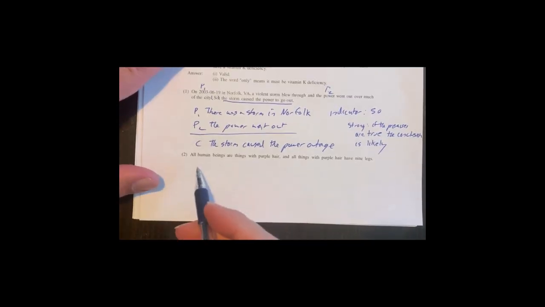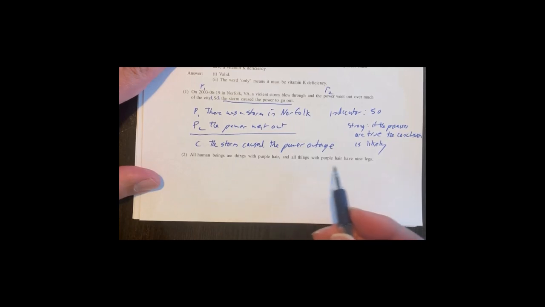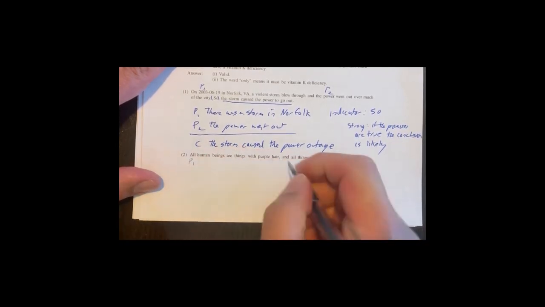All right, this next one awkwardly goes across the page, but that's fine. All human beings are things with purple hair, and all things with purple hair have 9 legs. P1, P2, flip it over. Therefore, all human beings have 9 legs.